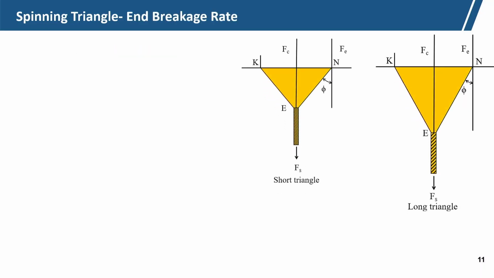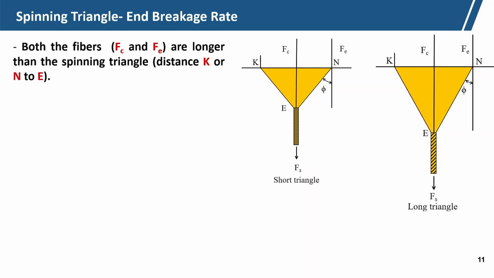Now, we can see the stresses on the fiber, which actually result in end breakage. Let us see both the fibers FC and FE. FC is the fiber at the center, FE is the fiber at the edge, and both are longer than the spinning triangle.